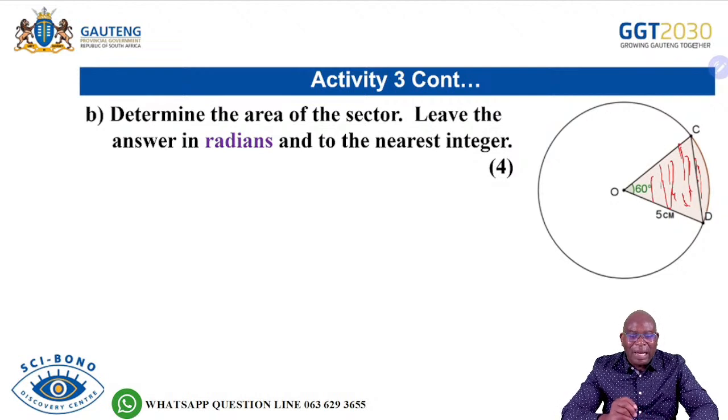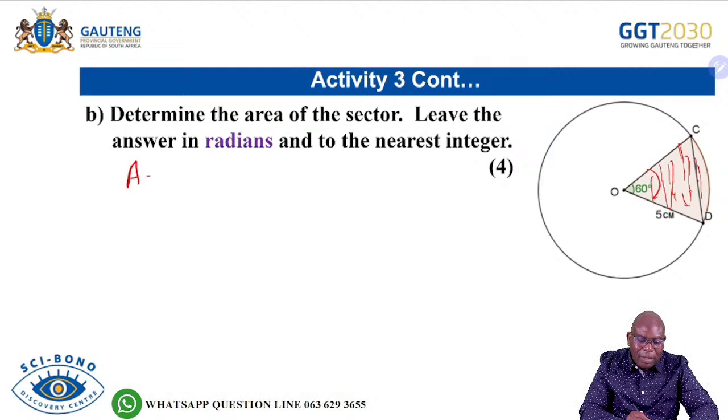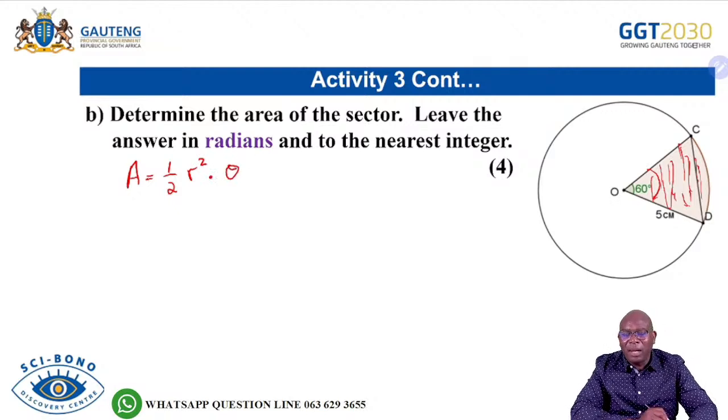So the easier way to do it is to use the angle, because the angle is already given there, you see? So I can find the area equals half of r squared multiplied by theta, because the angle I have, the radius I have.